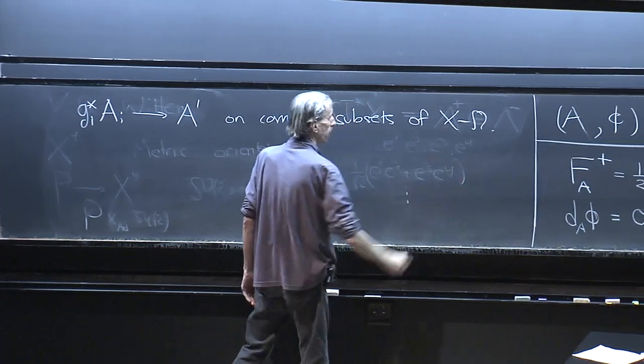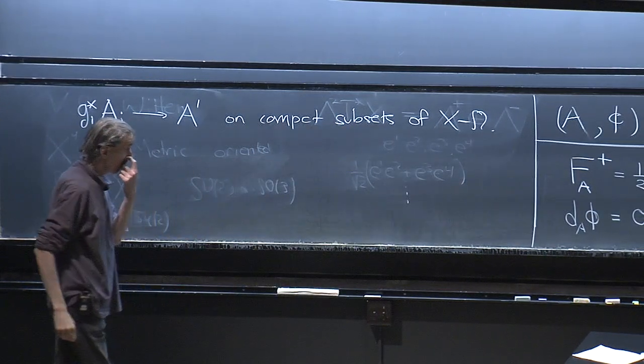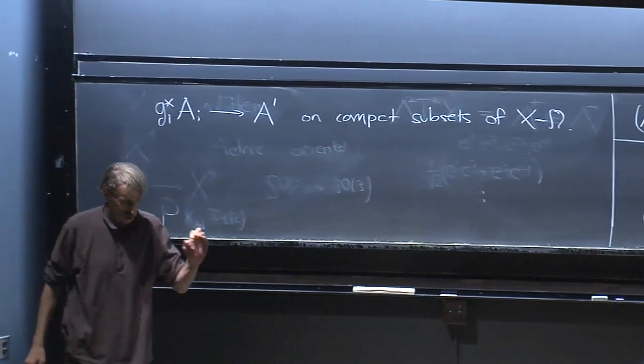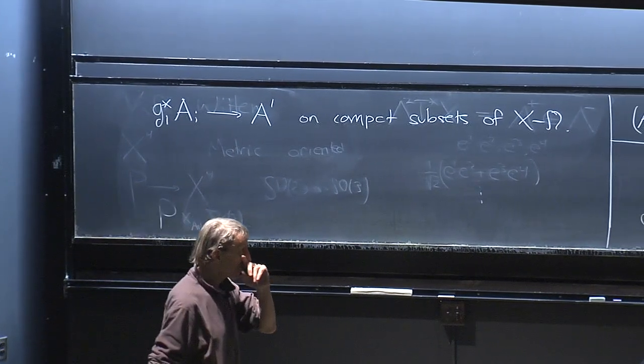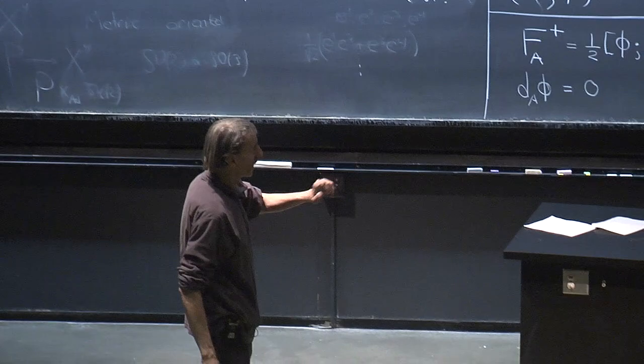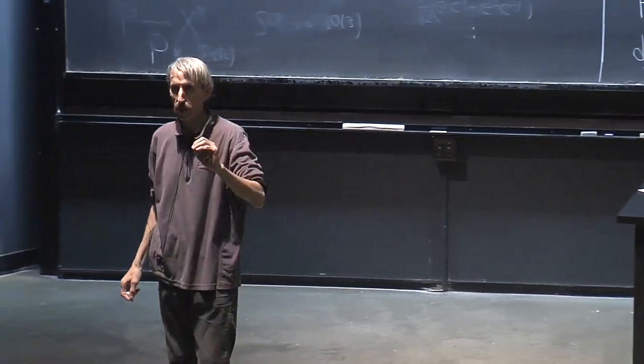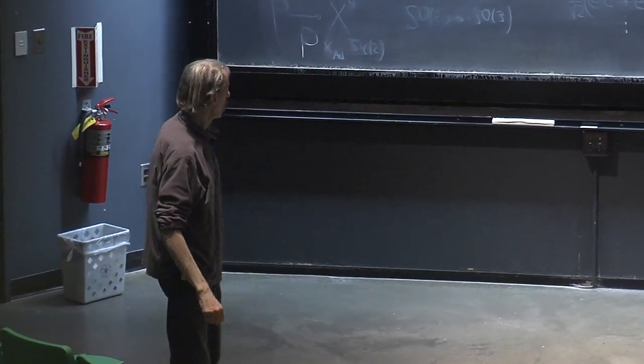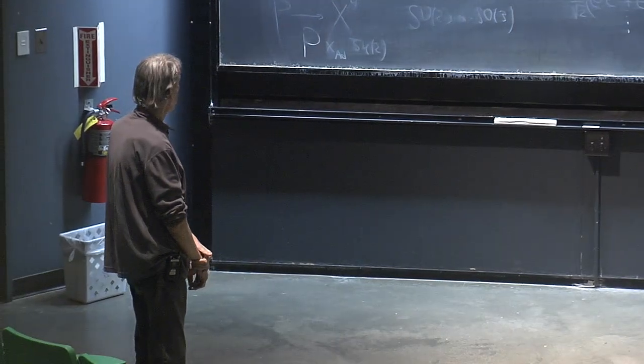So you basically get convergence on the complement of a finite set of points. She geometrically characterizes the failure of compactness as concentration over a finite set of points.